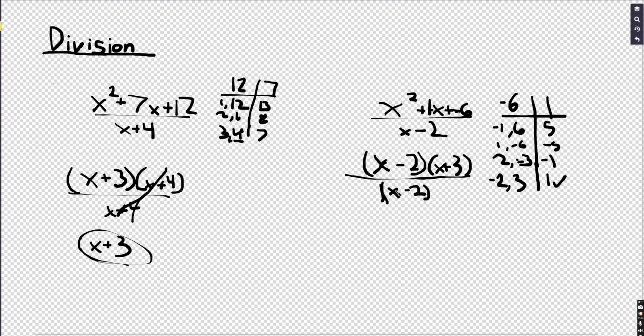We can cancel out these factors, and we're left with x plus 3, which I actually didn't even expect to have the same answer here, but whatever. So x squared plus x minus 6 divided by x minus 2 is x plus 3.